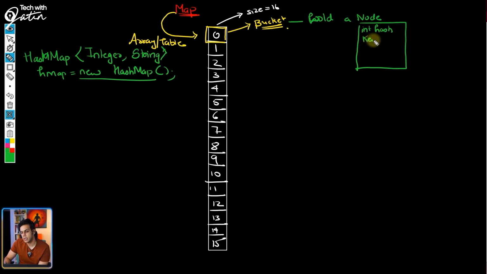Second, the key which you have created. Here, Integer type is going to be my key, and the value is going to be of String type. Then you will have the value v, which is String.